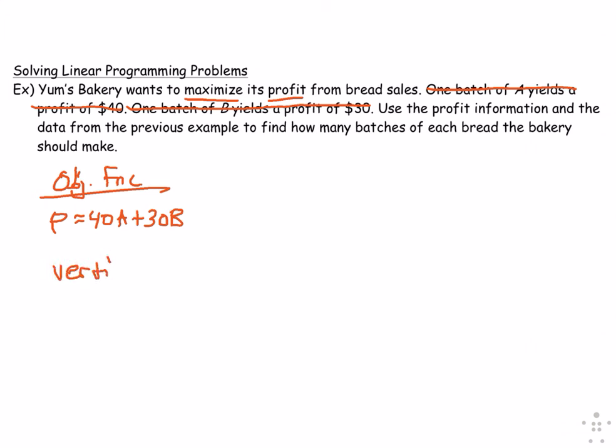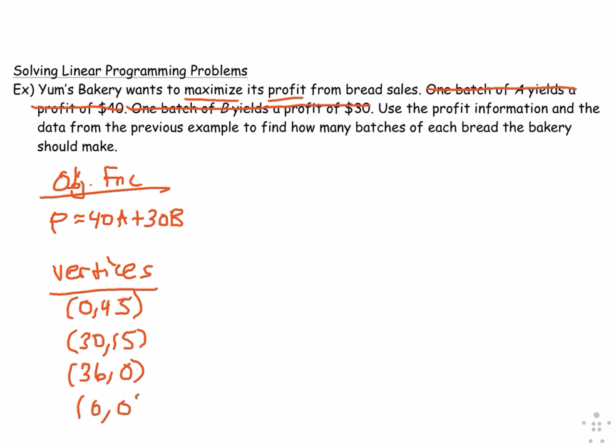So the vertices I'll record here for us. They were 0, 45, 30, 15, 36, 0, and 0, 0. Now, I know you could probably guess that this intersection is going to maximize your profits because you have common sense, but you still need to check.